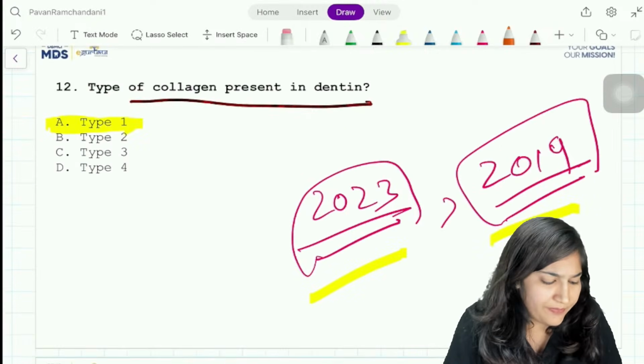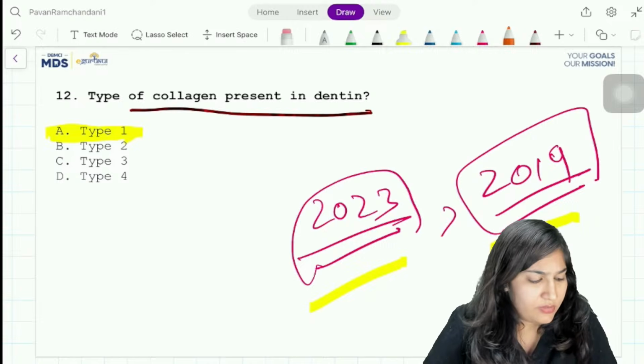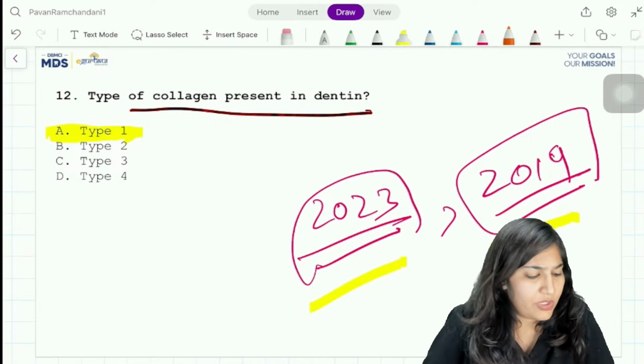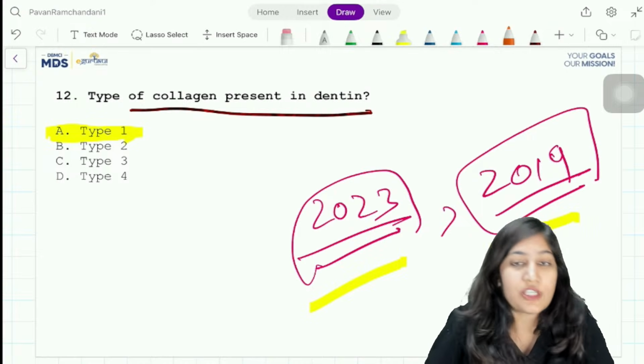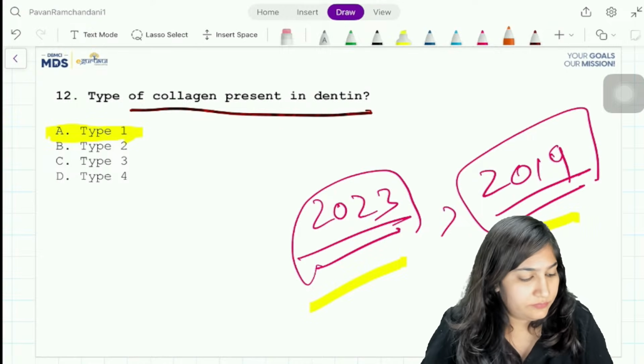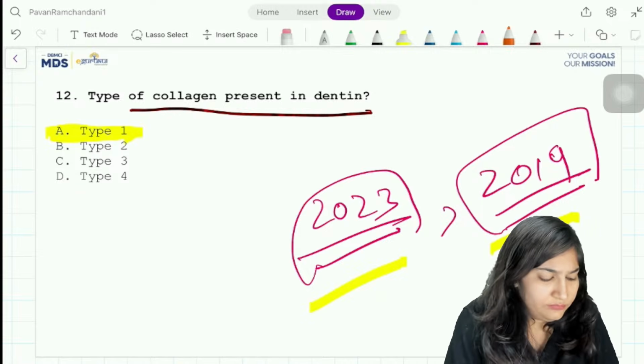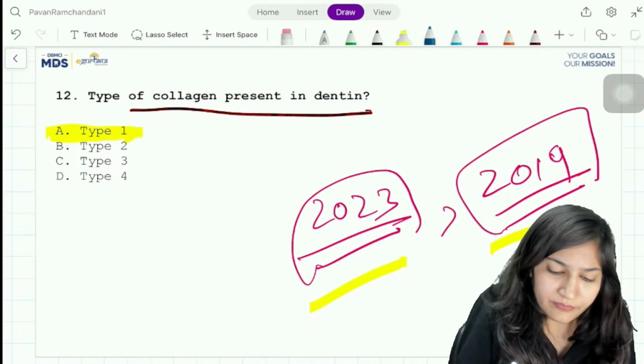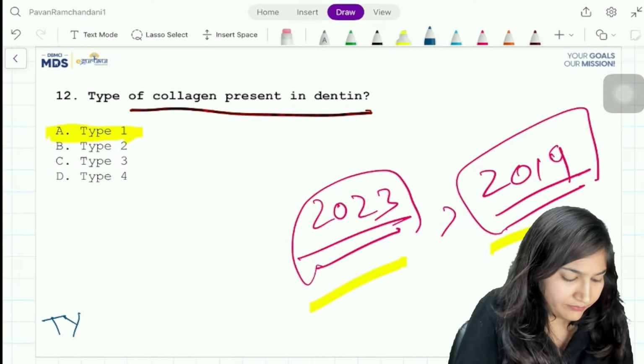Yes, Sujay, HSD, Nanni, Sada, Anurag, and even Pooja. What will be the correct answer for type 3 collagen? Preeti.